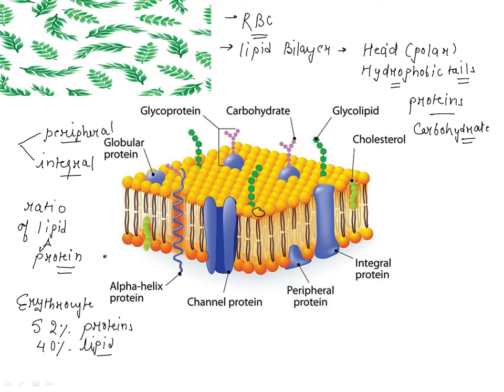The most accepted model for the structure of the plasma membrane was given by Singer and Nicholson in 1972, and the model is called the fluid mosaic model.